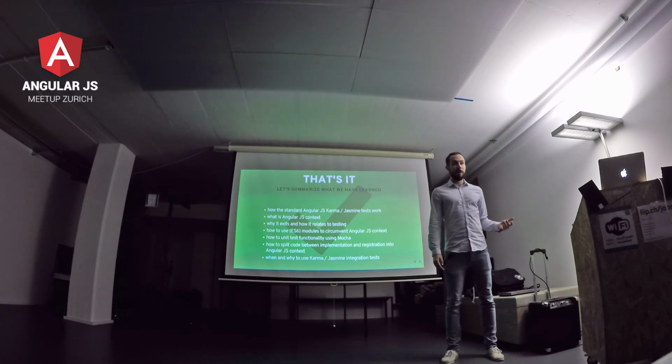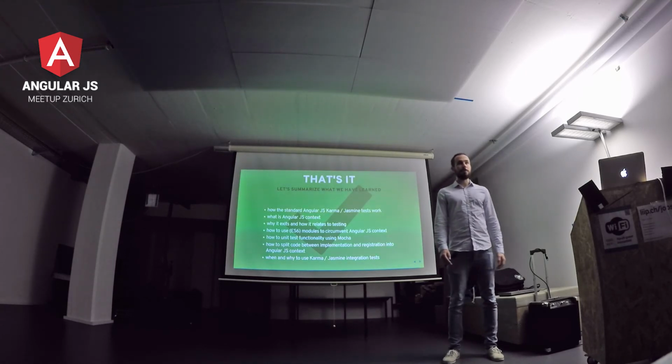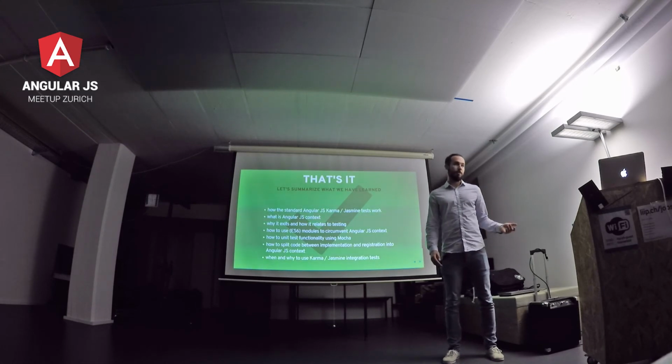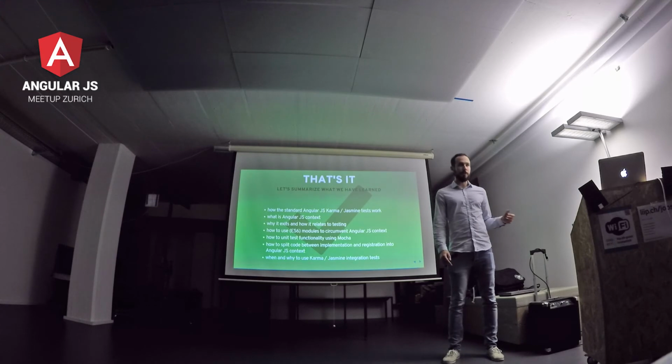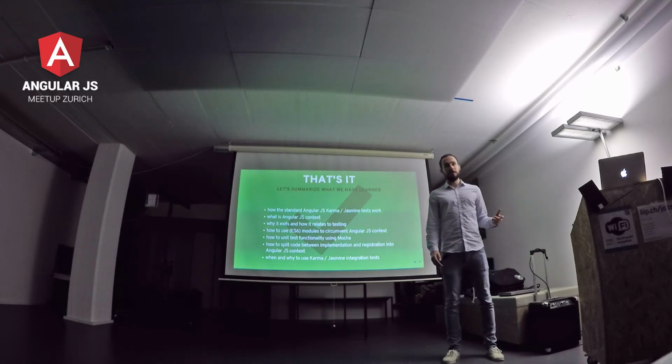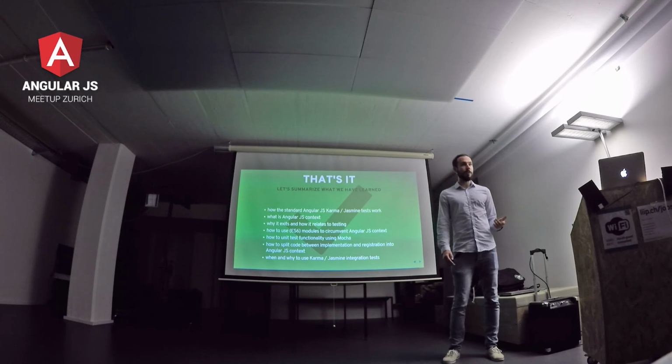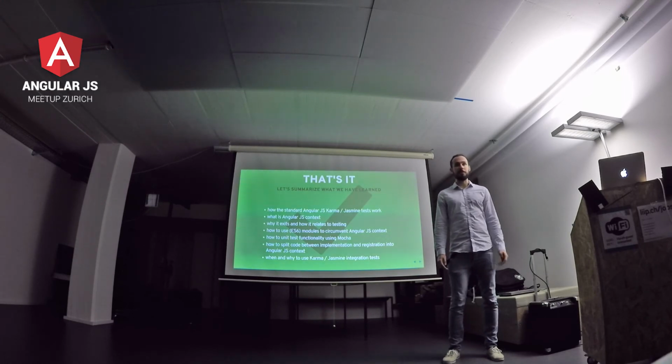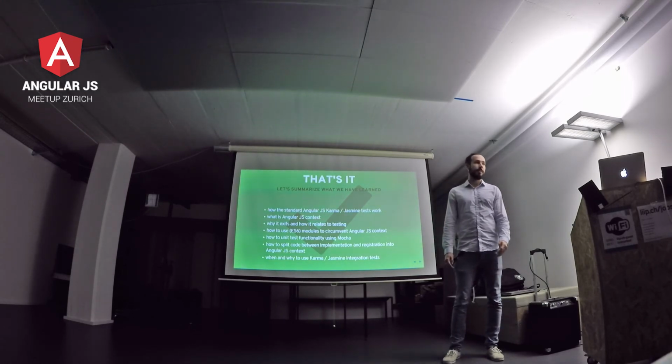Why it takes so much time. Then how you can use modules, the new ones or the old ones, to separate the implementation from registering into the AngularJS context, so that you can get a reference to your functionality without the AngularJS application and test it fast. And how you can use Karma and Jasmine for integration tests.